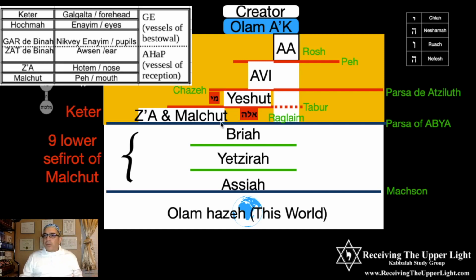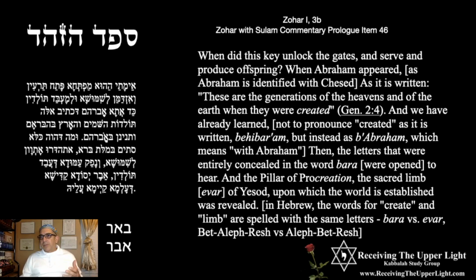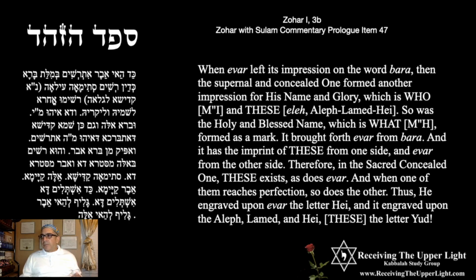Now let's go to item 47. When Evar left this impression, the word bara, then the supernal or concealed one formed another impression for his name and glory, which is Mi, which is me, and this Ele.